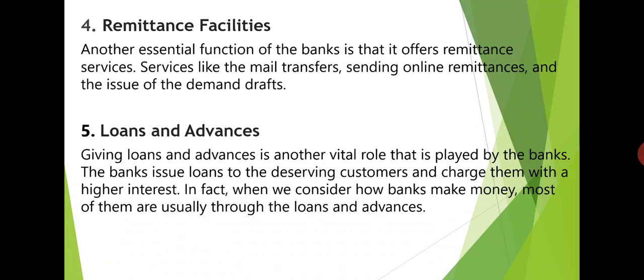Another essential function of the bank is that it offers remittance services, like mail transfer, sending online remittance, the issue of demand drafts, and so on. So these are the essential services which are also provided by the bank.